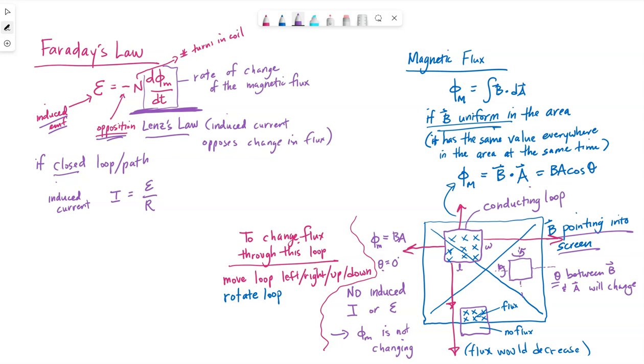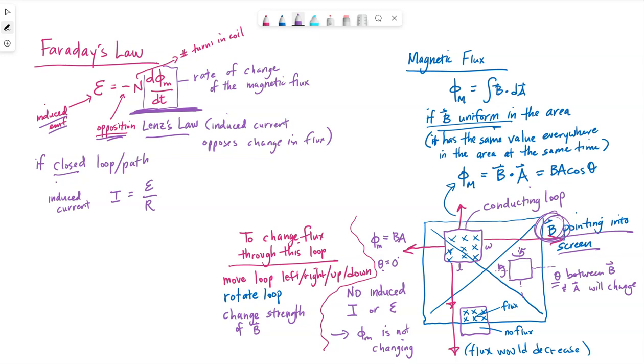Another option would be to change the strength or magnitude of the magnetic field somehow. So this magnetic field that I drew pointing into the screen, if we had a way to change how strong it was, that would also change the flux.